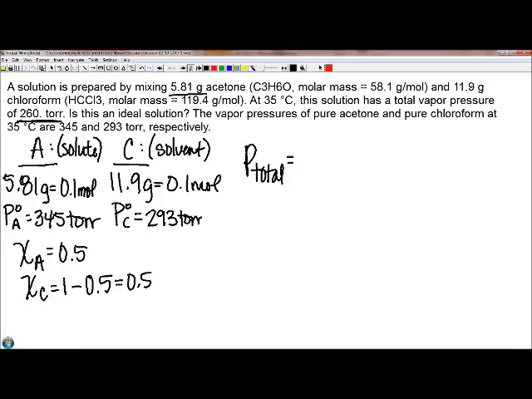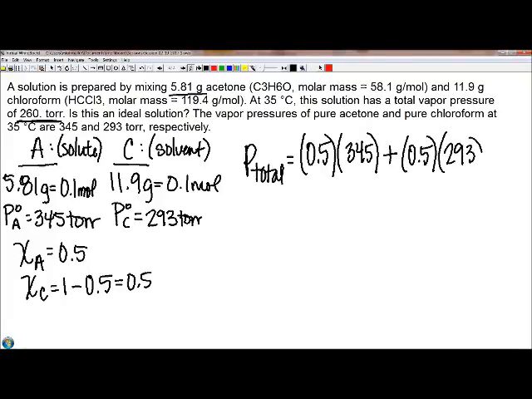So for the acetone, I'm going to take the 0.5 mole fraction times the pure vapor pressure of 345 torr, plus the half mole fraction of the chloroform times its pure vapor pressure of 293.